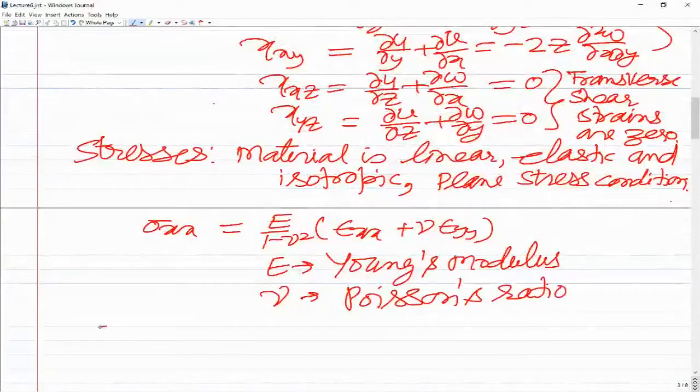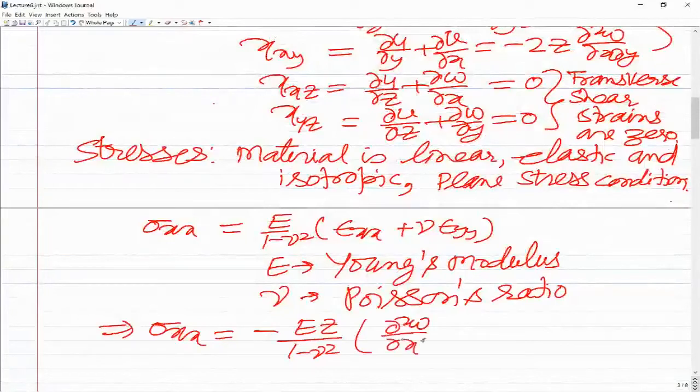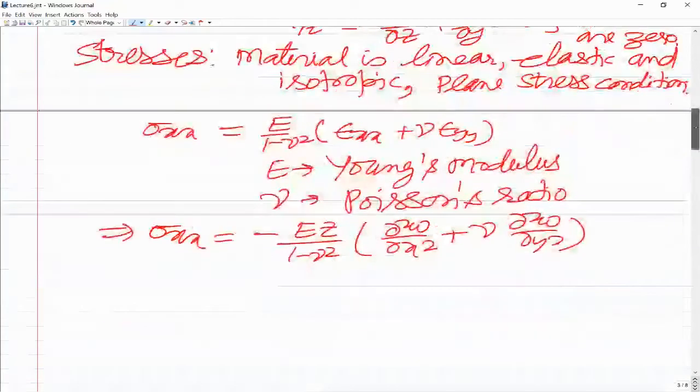Now if you put the expressions of epsilon xx and yy in terms of w derivatives, we can write this as minus Ez upon 1 minus nu square, and then del 2 w by del x square plus nu into del 2 w by del y square, with minus z taken outside. So this is the expression for sigma xx in terms of w.